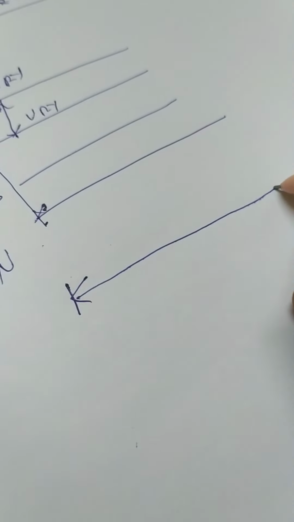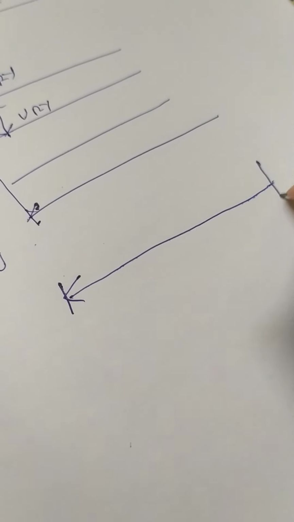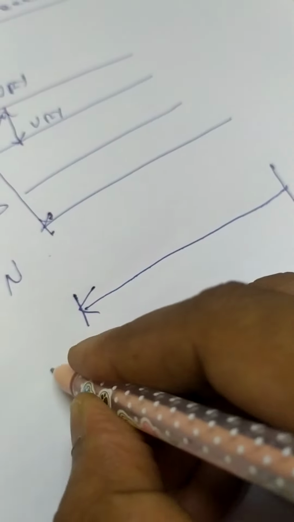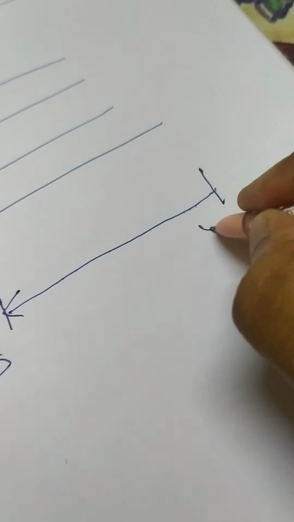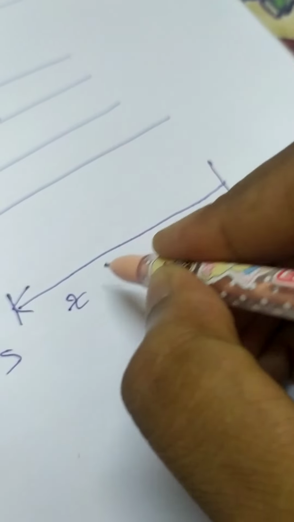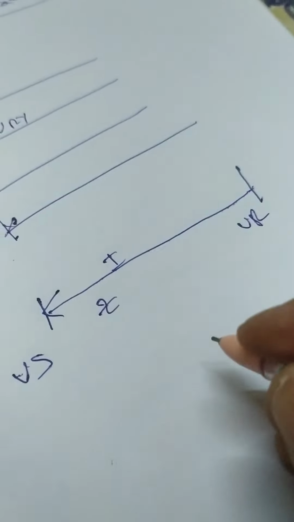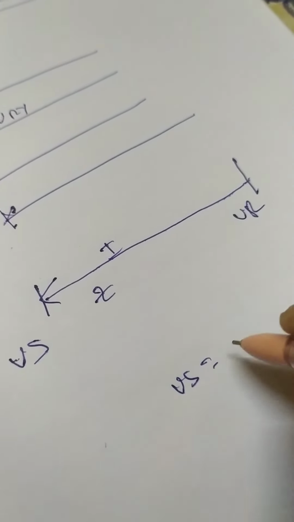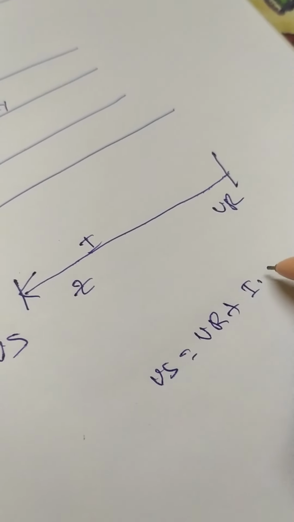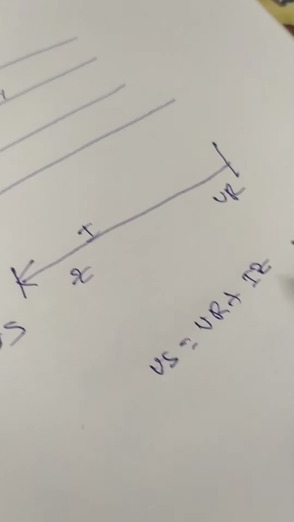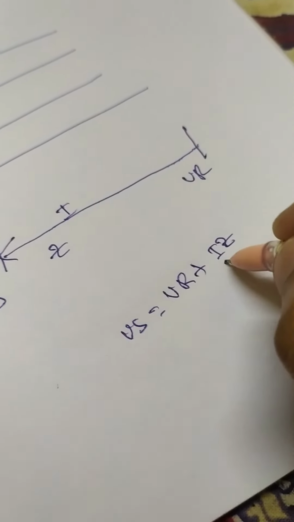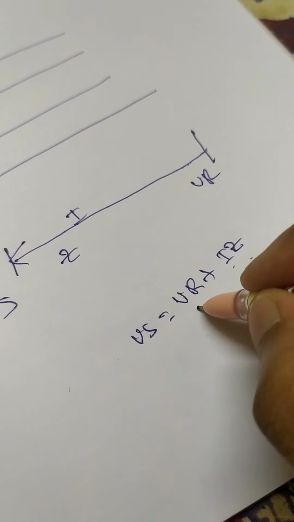This is a line that has some length. This is point VS, this is point VR, with impedance Z and current I. So VS equals VR plus I into Z: line impedance, line current and receiving end voltage.